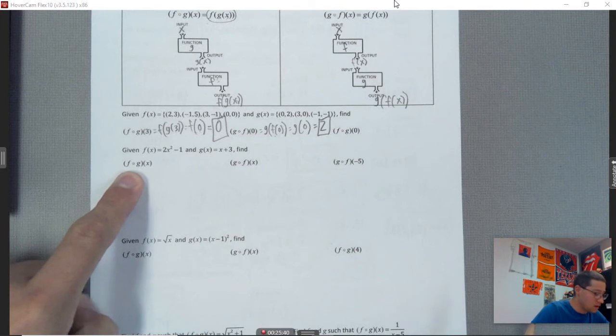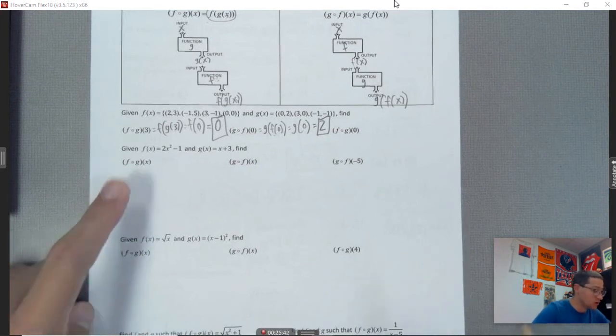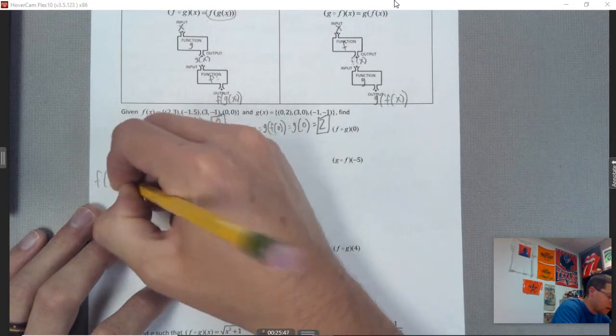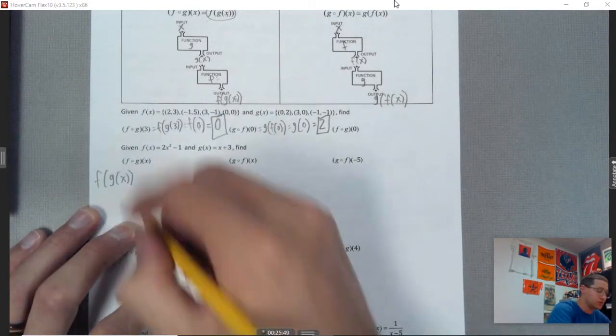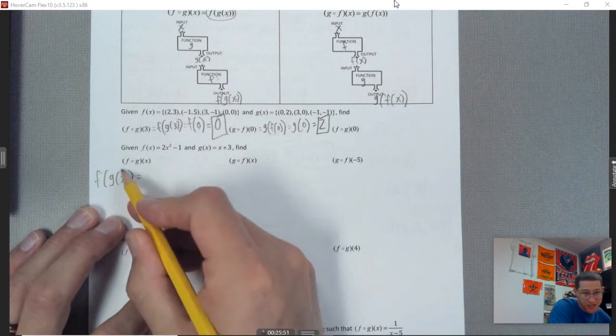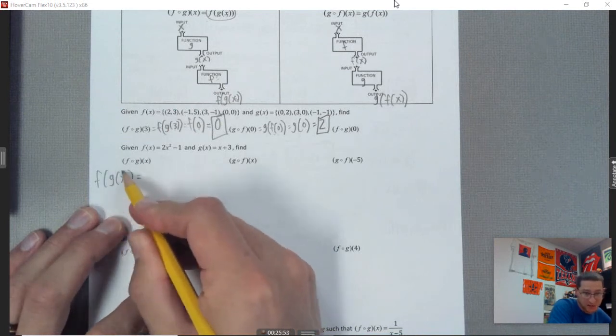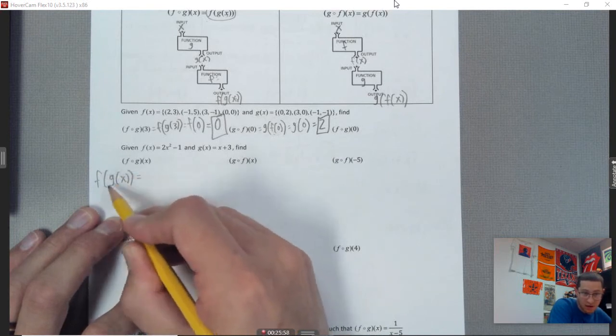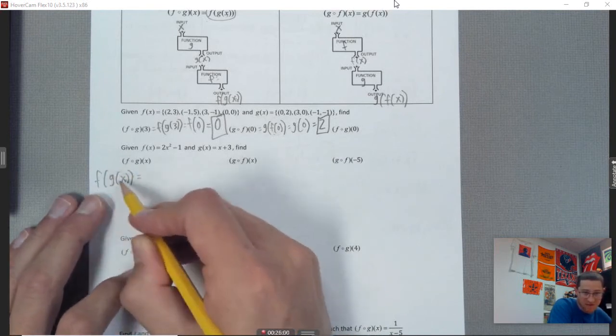So let's go ahead and do it. f of g of x. Now here's how I want you to think about this. We are putting g of x, whatever g of x is, in, and what normally goes here? Well, it normally says f of x.